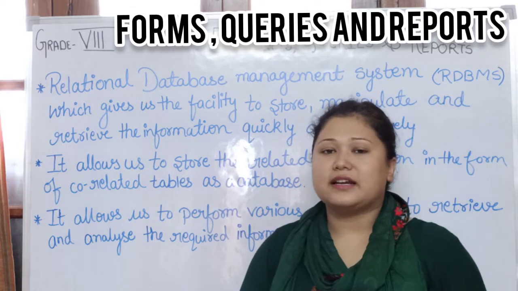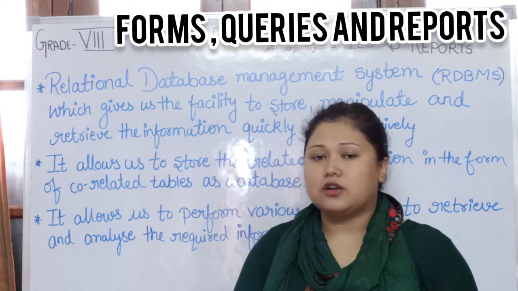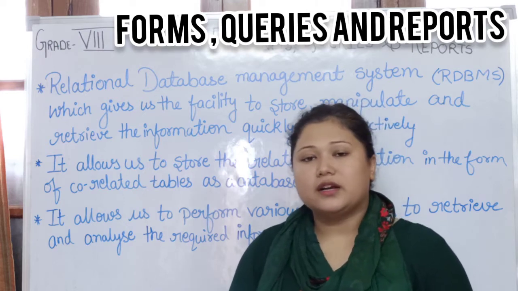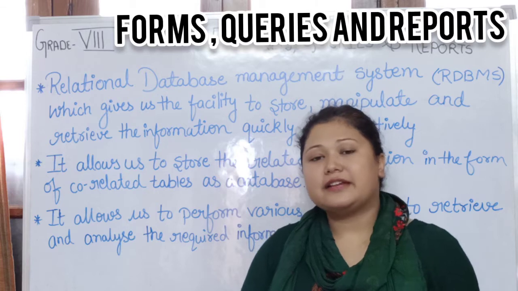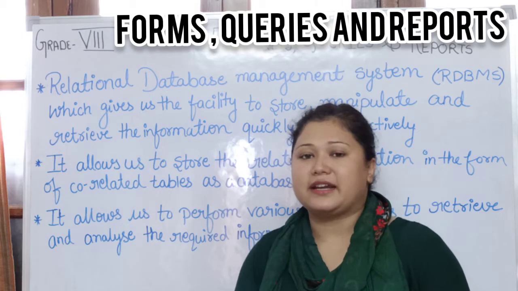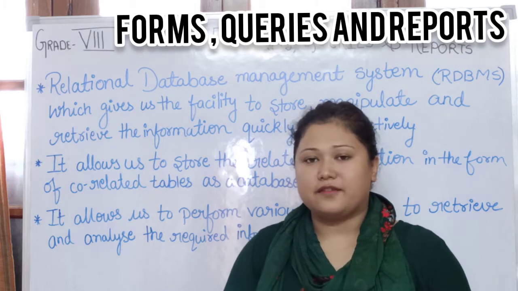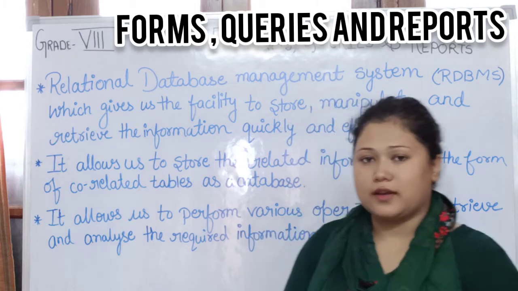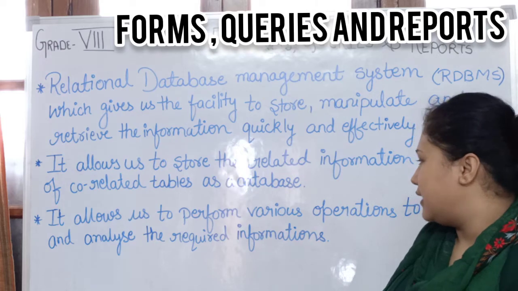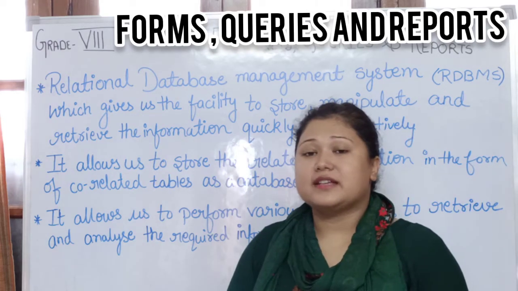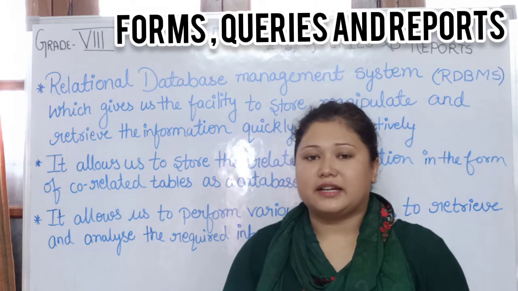Whenever you need the data from that table, you can easily retrieve it, or you can even edit that data whenever you need it. Okay? So that means you can perform various operations with that data.